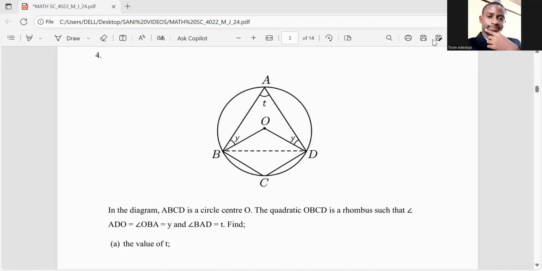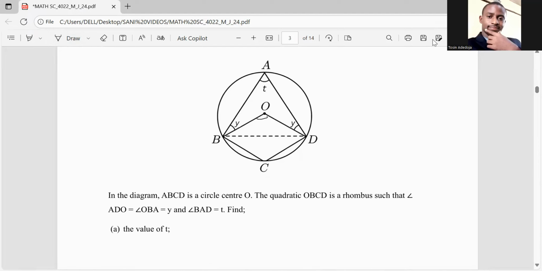So question 3 is a question of circle theorem. The diagram ABCD is a circle, center O. The quadrilateral OBCD is a rhombus such that ADO equals OBA equals y and BAD equals T. So find the value of x. Now the first thing to note here is we can find the angle at center, BOD.